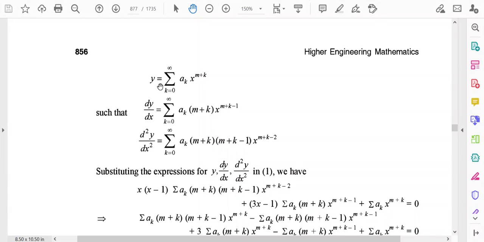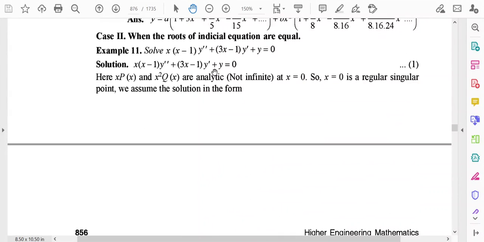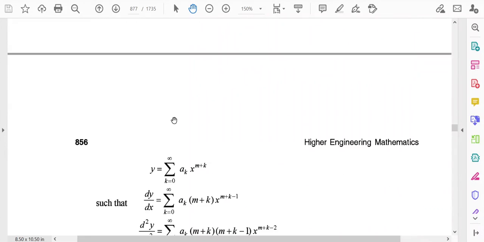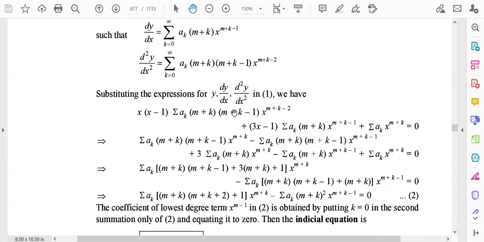Next, we will substitute these values, y prime and y double prime, in the given equation, and after the substitution we will have this equation. After having this equation, we have to simplify it a little bit.